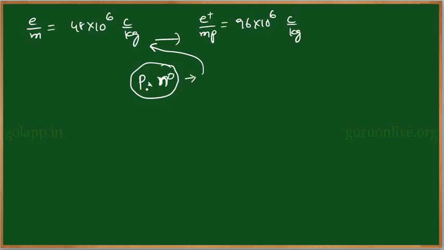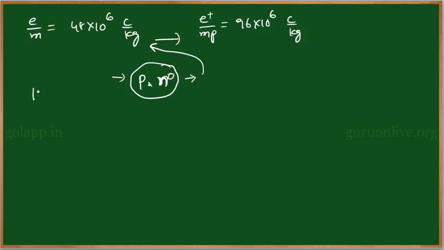So if a nucleus has one proton and one neutron and no electron, it will possess an e by m ratio of 48 into 10 to the power of 6 coulomb per kg. So from this I can guess that these are the particles which are projecting towards those fields. So what is this particle?